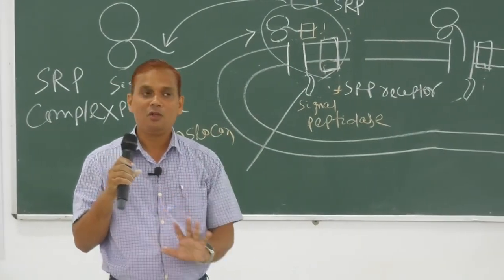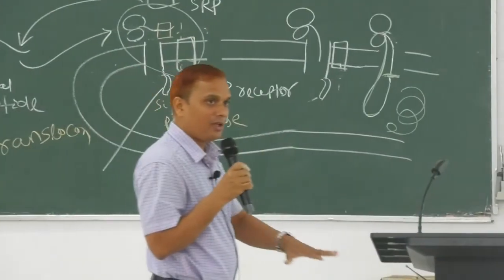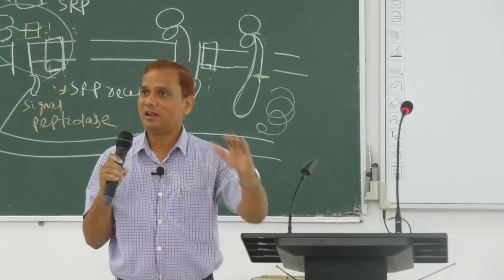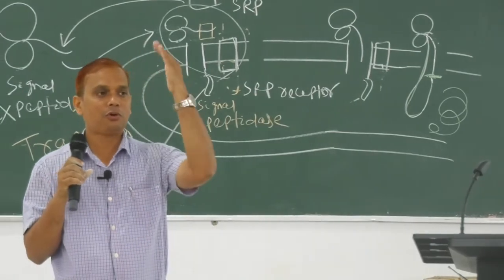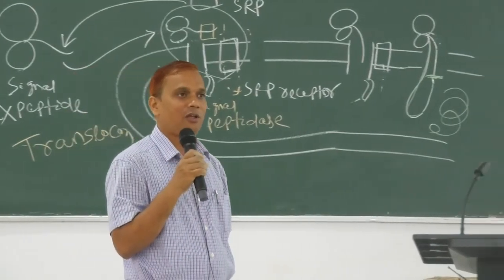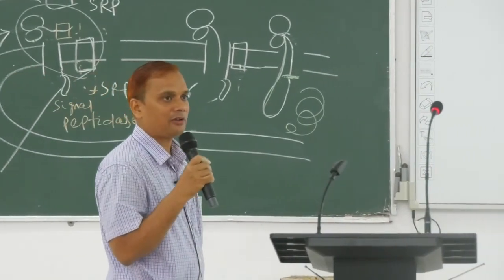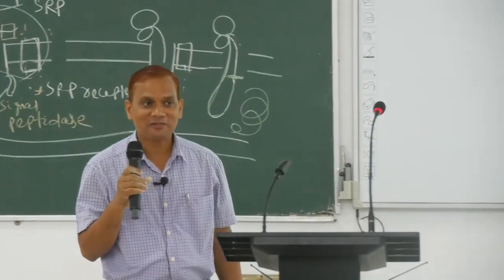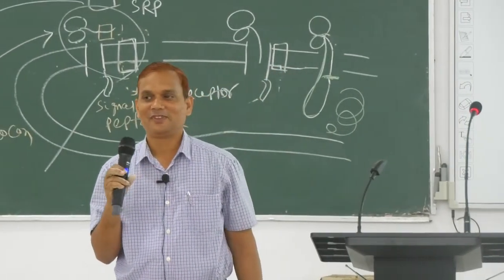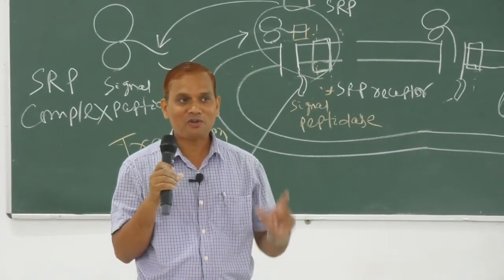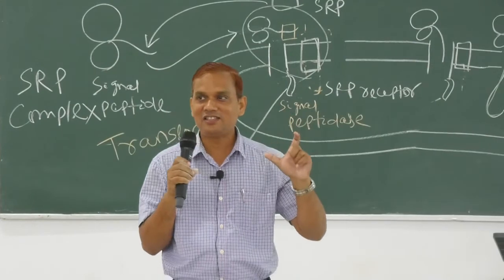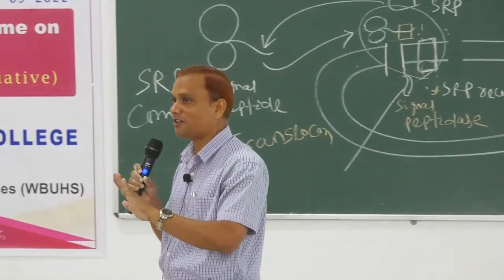Understood or not? Once that protein is inserted inside the endoplasmic reticulum, from there it will go to the Golgi apparatus. For what? For packaging, and what I told, after protein synthesis it is not yet functional.